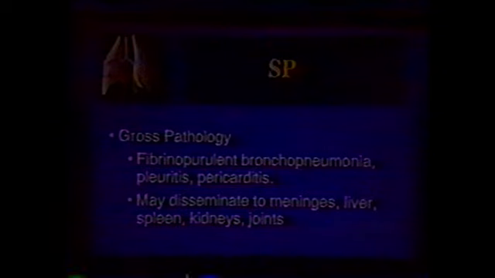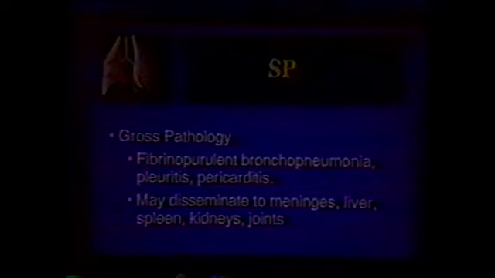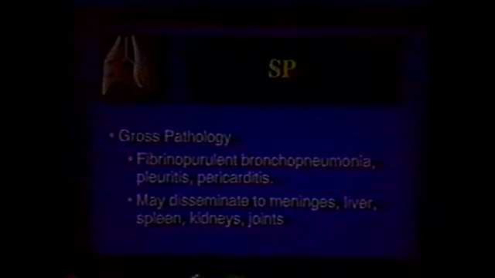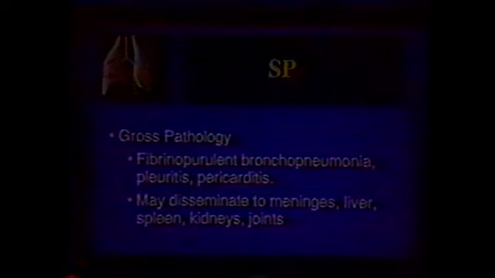And as with streptococcal diseases in other animals, there may be hematogenous dissemination to meninges, so you may see suppurative meningitis, and we may see lesions in liver, kidney, and joints, and that's less common in my experience than the pulmonary infection.